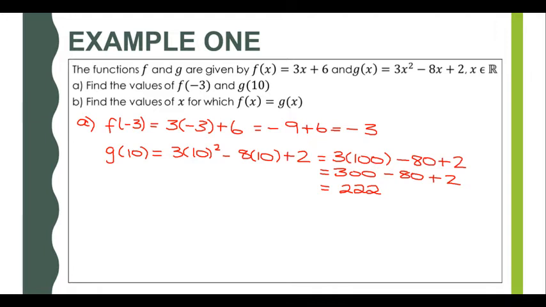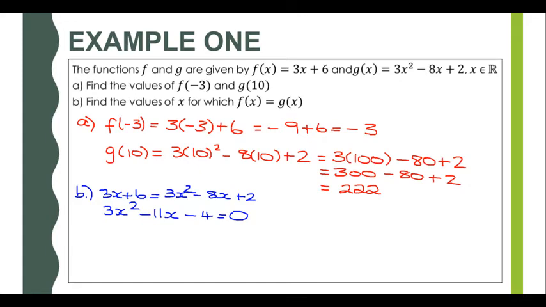For part B, we need to set f of x equal to g of x and solve. So we get 3x plus 6 is equal to 3x squared minus 8x plus 2. We now have a quadratic equation, so to solve this we need to make it equal to 0. So 3x squared minus 11x minus 4 equals 0.